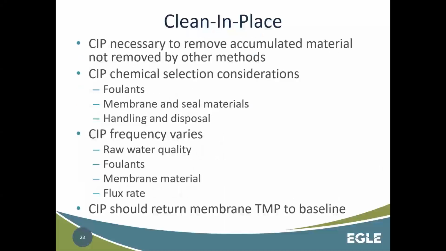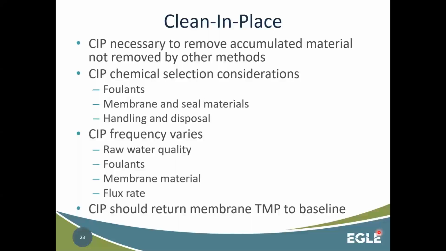In order to do that, we do a clean in place. And this is the one I said that is a lot less frequent. But depending on your source water, you can and will in time foul the membranes. So if you imagine an extreme example, water that's really high in iron or really high in hardness, and that going through these membranes over a long period of time could start to foul.